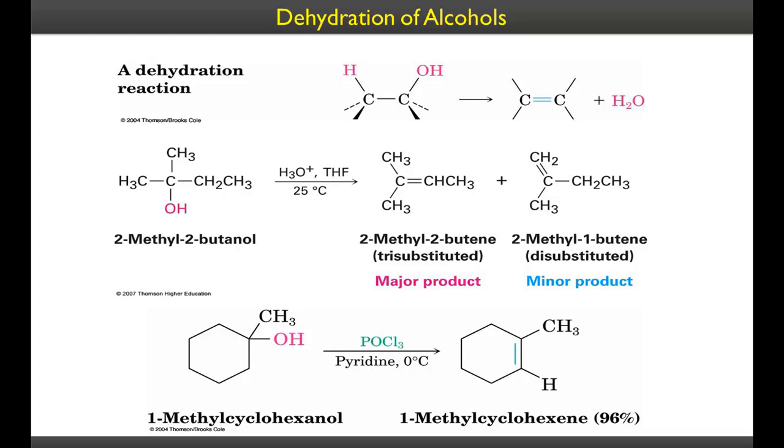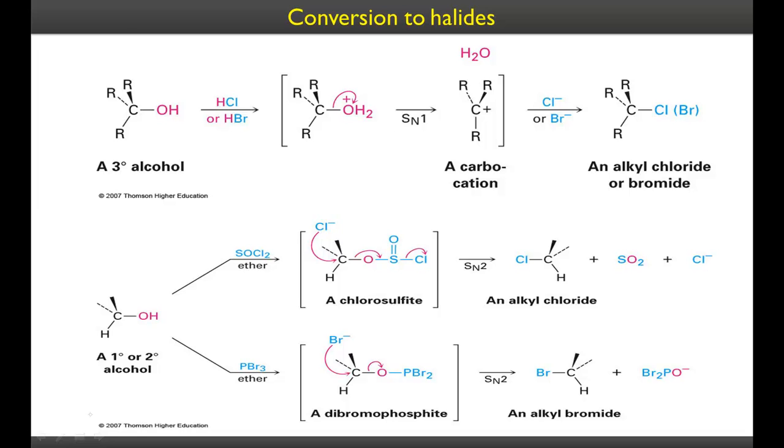One of the ways we looked at in the ether chapter is dehydration of alcohol. If you take two molecules of primary alcohol, add concentrated sulfuric acid and remove a molecule of water, that's also called a dehydration reaction.